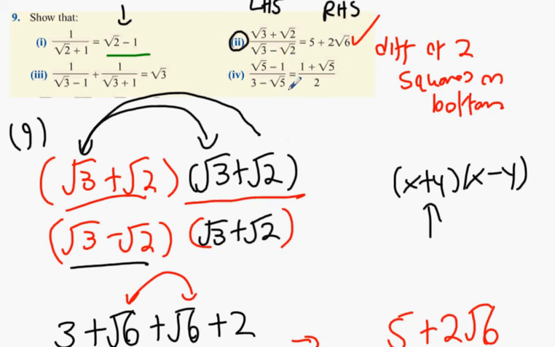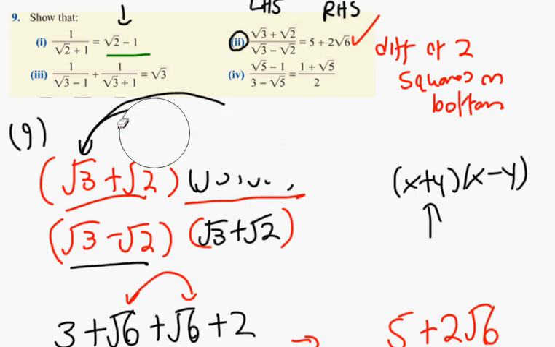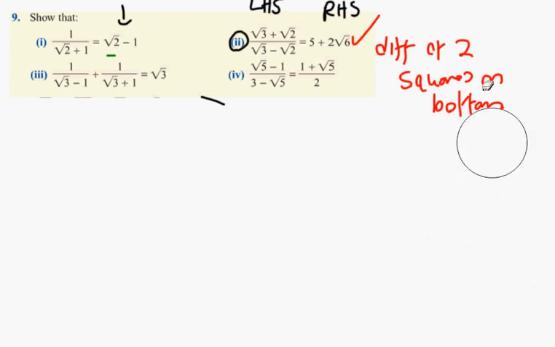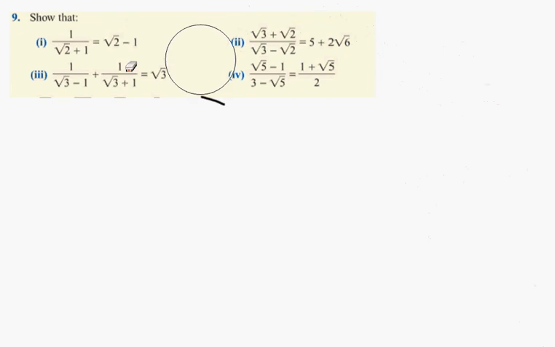So does everybody understand how to do question 9 now? Complete the difference of two squares. Now, the last one, 9 part 3, is slightly different. What's different about 9 part 3? Anybody tell me? Instead of having one denominator, how many denominators do we have?